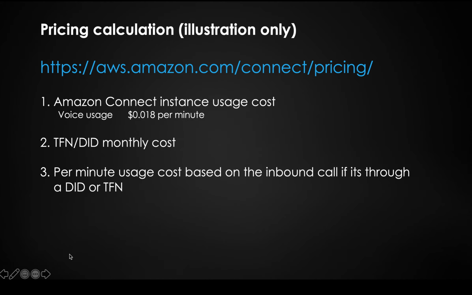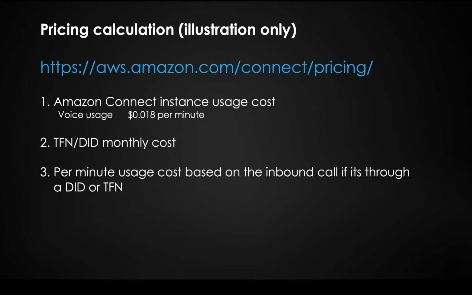I haven't put any pricing detail here because it's available on this website. I don't want to keep anything over here, because if Amazon decides to change the price, I don't want you all to refer to the pricing I have provided here, but rather go into this link and find out what the pricing is. So in today's session, we learned what information we need to come up with a pricing.